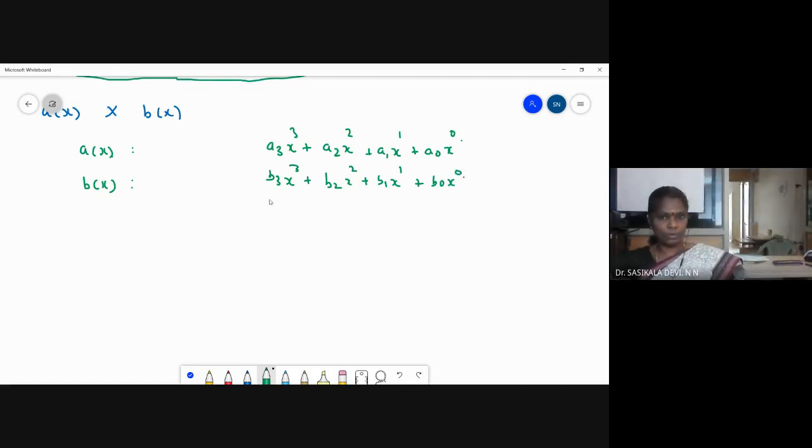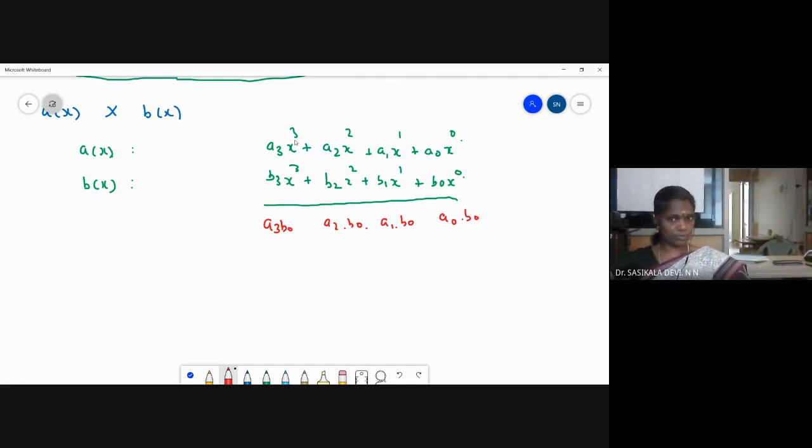So we are going to multiply them. The coefficient arithmetic is not GF of 2, so you should not do modular reduction here. For the x power 0 coefficient, a0 into b0. Then b0 is multiplied with a1 to get a1 into b0, then a2 into b0 and a3 into b0.